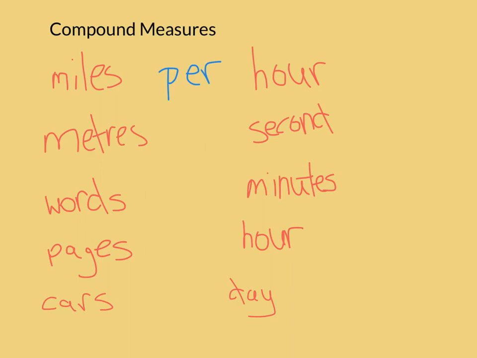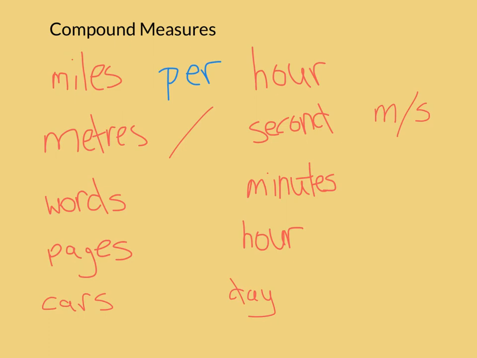But a compound measure includes everything where you can make this as a unit. This also tells you the actual way of calculating it, because per means divide. And what you might see in meters per second, it might be written with a slash between it. It might be written as m/s, meters per second.